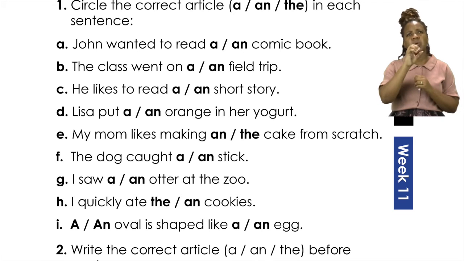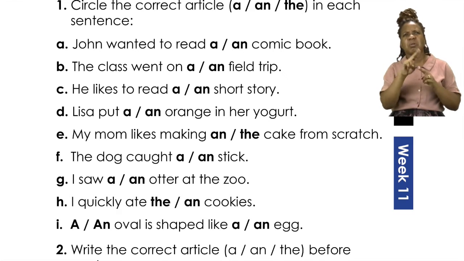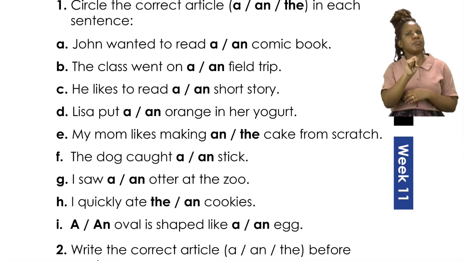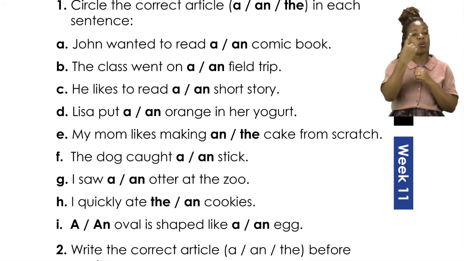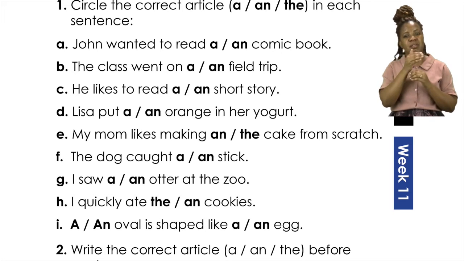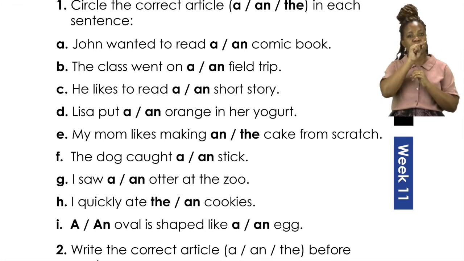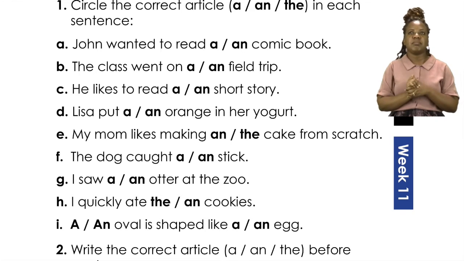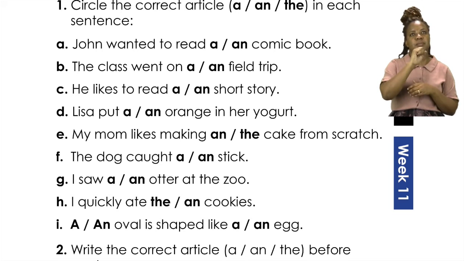So, do we say a orange or an orange? If you remember our rule carefully, we said to use an, we need to have words that start with a vowel. In this case, the word orange starts with a vowel, which means that the word an is the one we are meant to circle. Now, let's read our sentence correctly. Lisa put an orange in her yogurt. Please circle the word an.